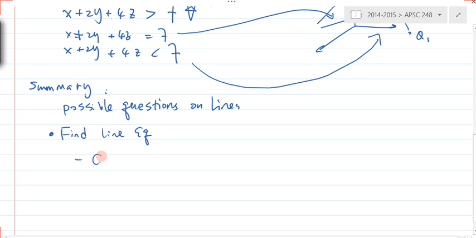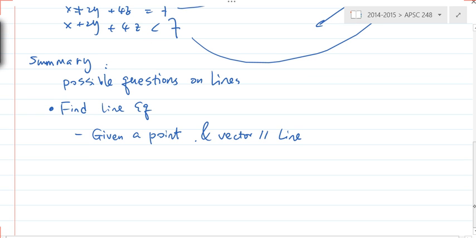You're probably given a point, so you already have a point on the line, and a vector parallel to the line. That's the simplest condition. So you have the point, you have a vector parallel to the line, and you can immediately construct the line equation, which is r of t equals r naught plus t times v.